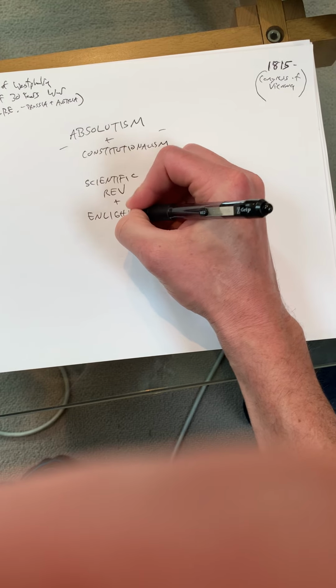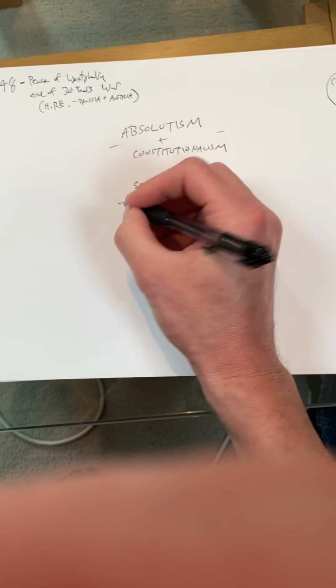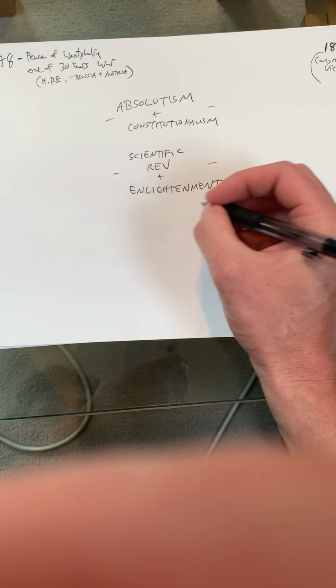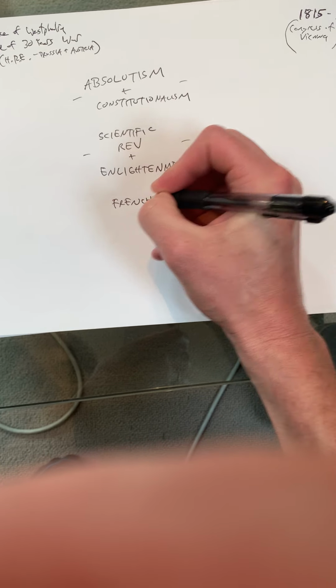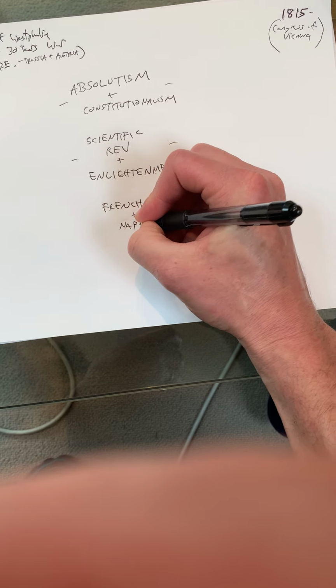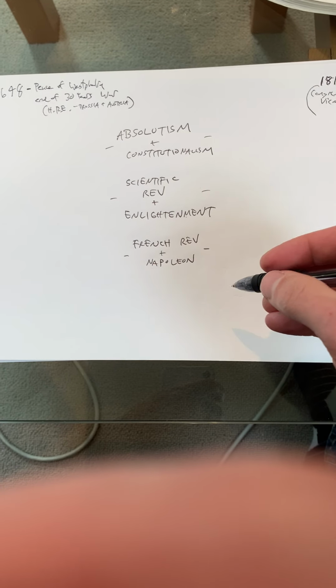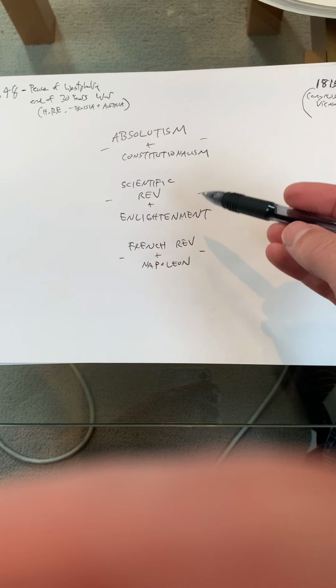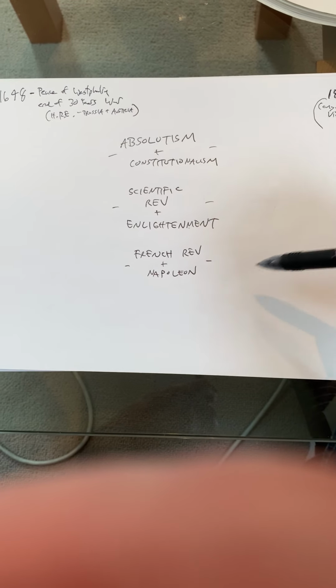This is a revolution of ideas. Scientific Rev and Enlightenment is that other one. And then you've got the French Revolution and Napoleon. Another way to think of this, so this is political revolutions, and I'll keep going.